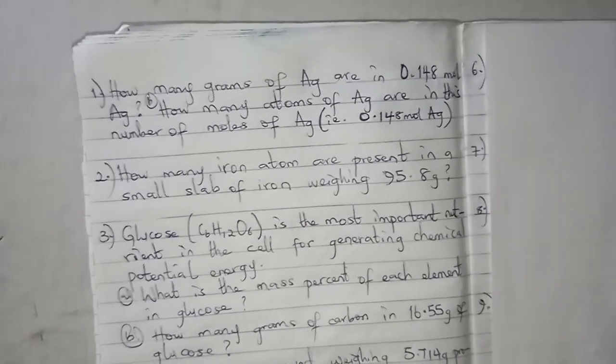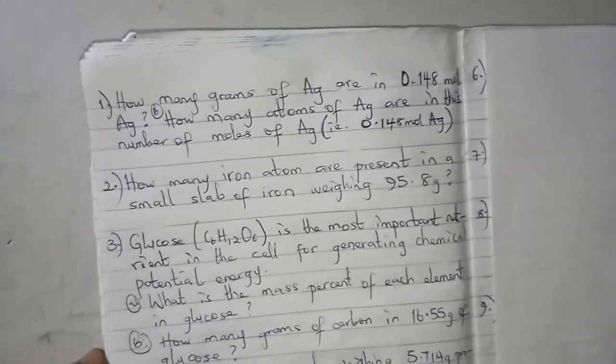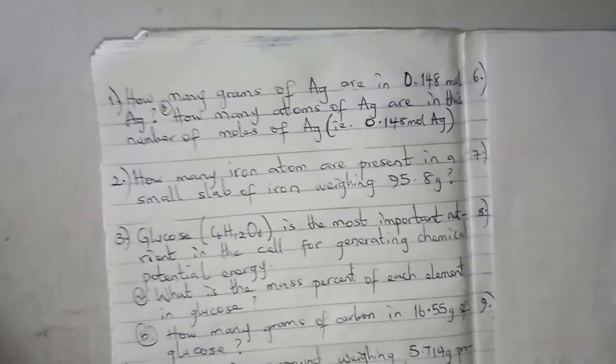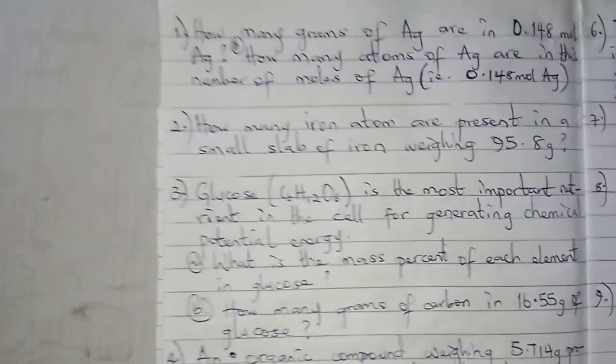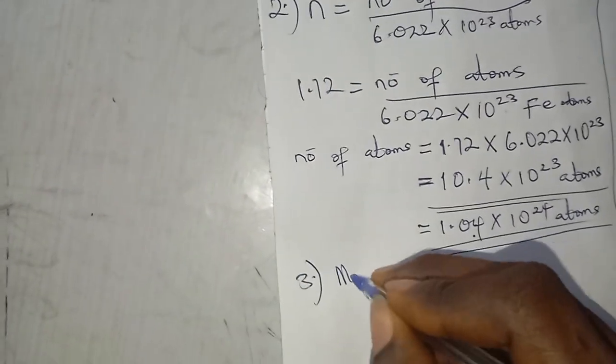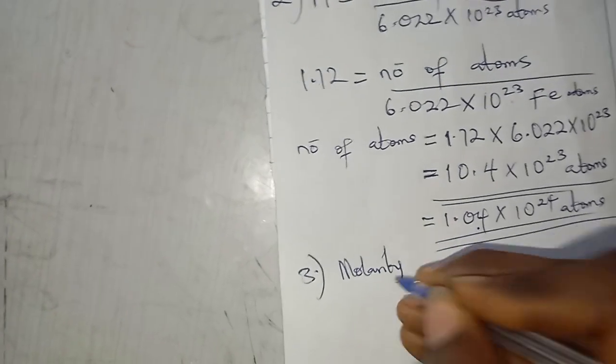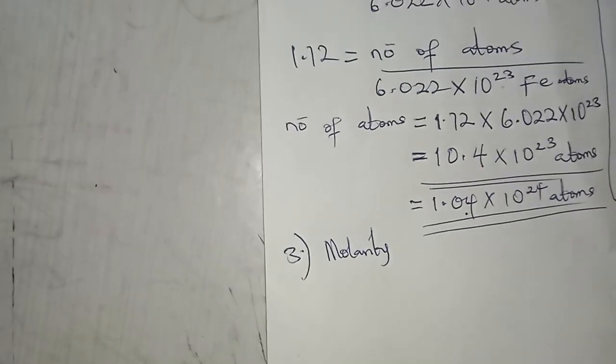So when I want to find mass percent, we remember that in chemistry we define concentration in a number of ways. We define concentration as the proportion of solutes in a mixture.